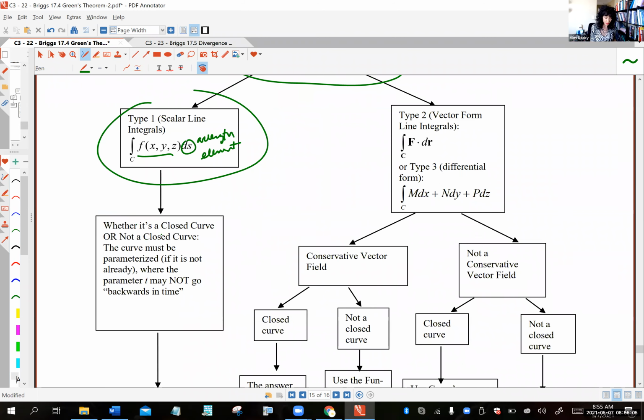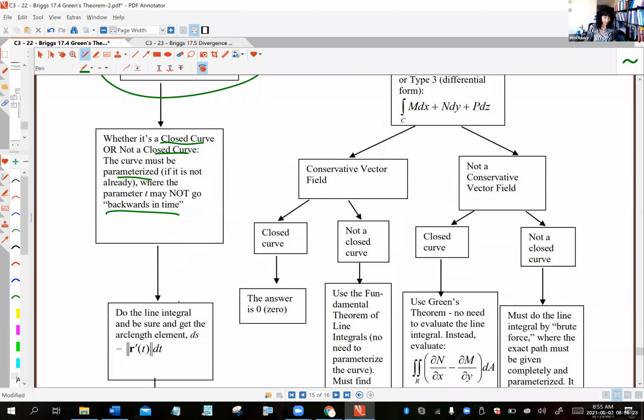So whether the curve is closed or not closed, it doesn't matter. It has to be a parameterized curve. And if it isn't already, then you may have to parameterize it to get the vector valued function. And you're not allowed to have time go backwards on these, because you don't want to get any negative answers.